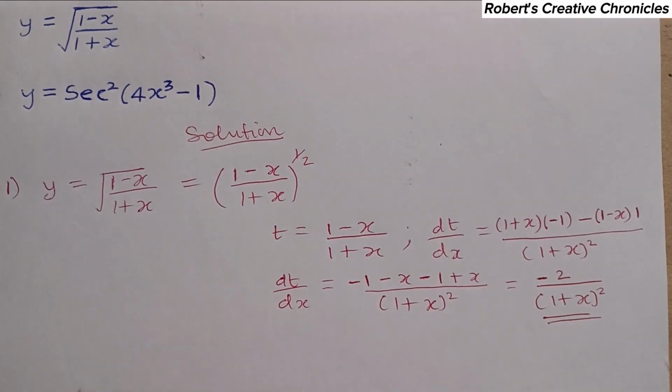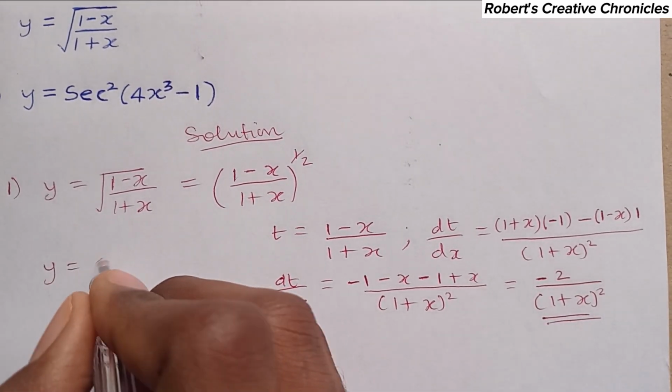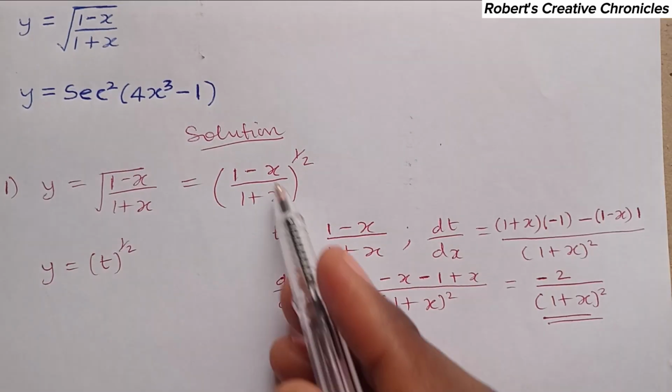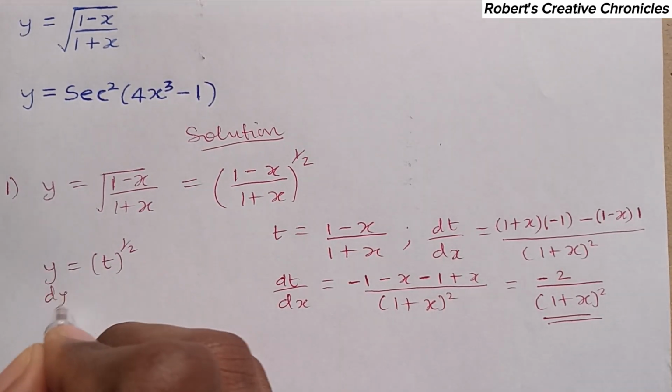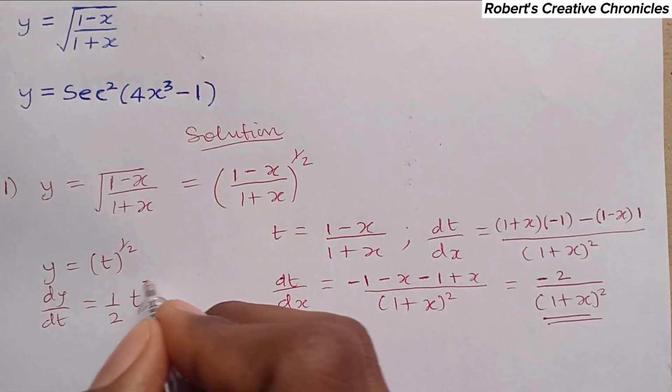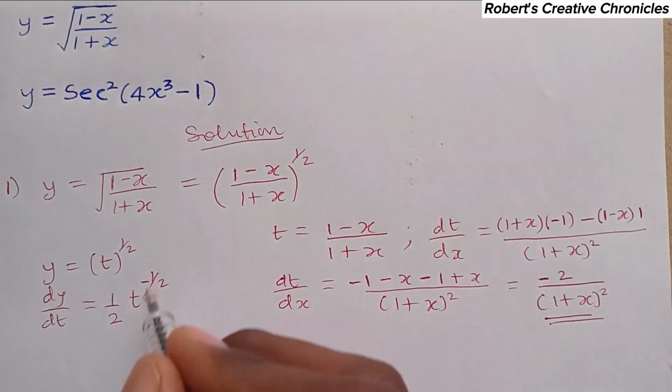So now, y will be equated to what? t raised to the power of half, since this is t. So dy over dt is equal to half t to the minus half. Half minus 1 is minus half.